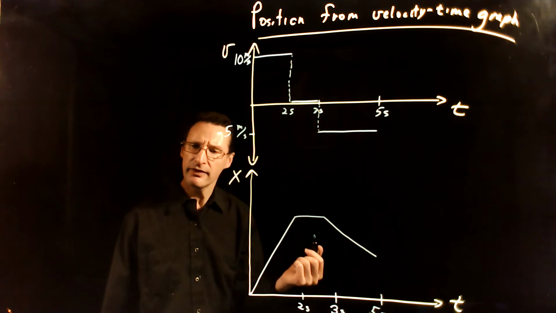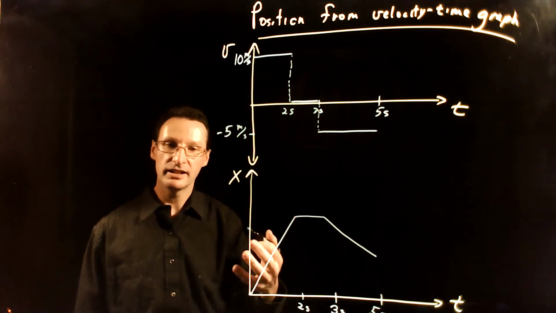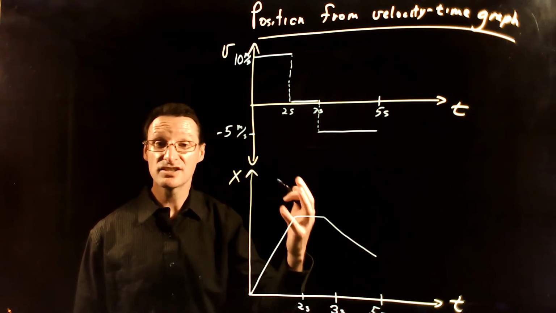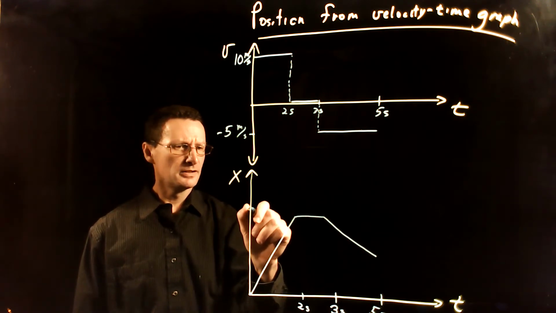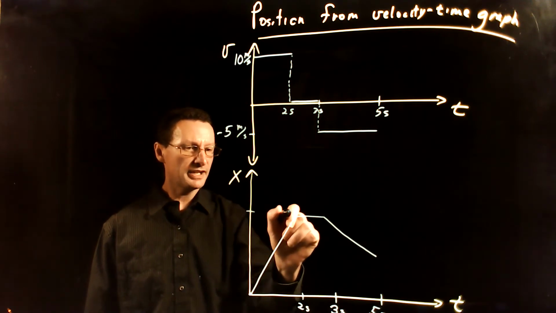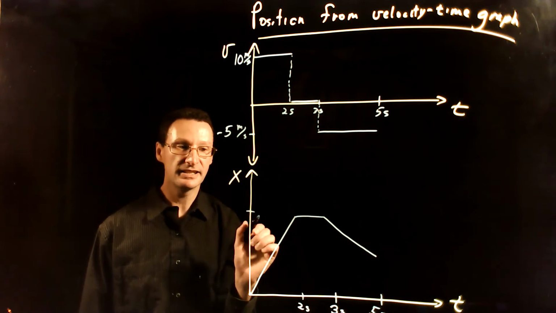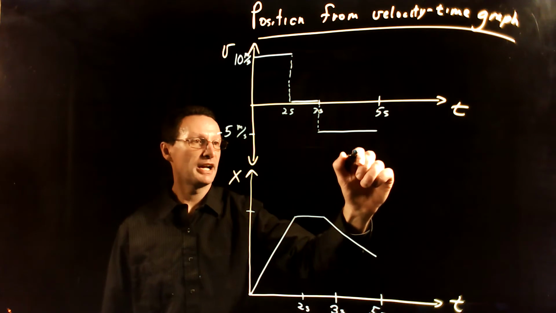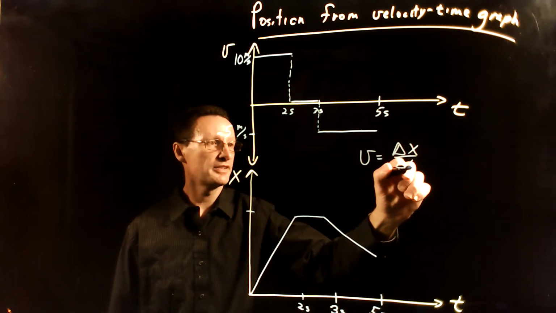So then the question you might ask yourself is, now that we've got the shape correct, how do we know the values? As always, I strongly encourage you to get the shape correct first and then fill in the values at the end. So how do we get the values here? Well, we could get this backwards from the slope, but let's do it a slightly different way. If we take the velocity time graph, the velocity is equal to the displacement over the time interval.